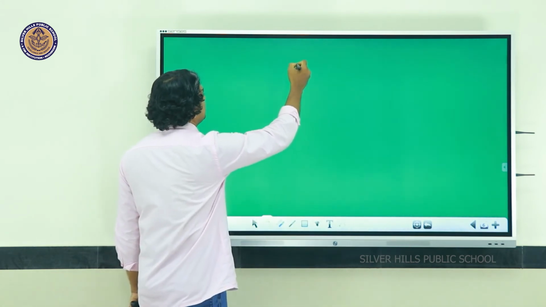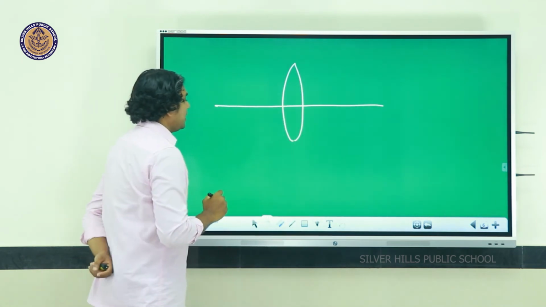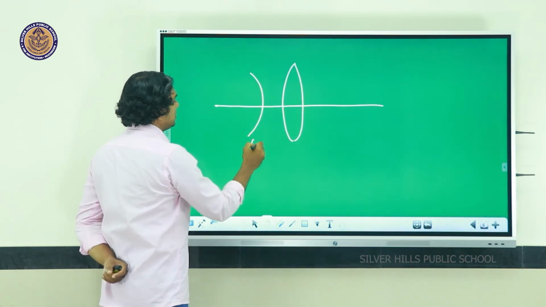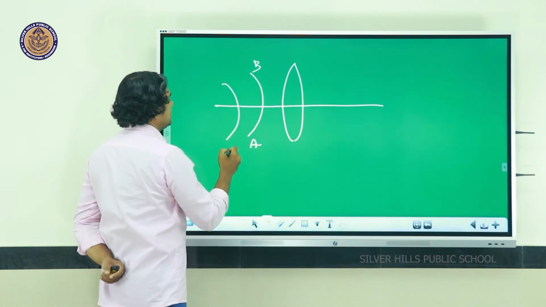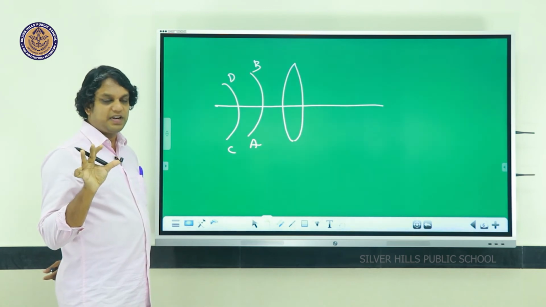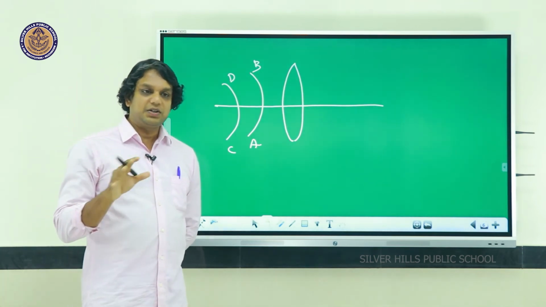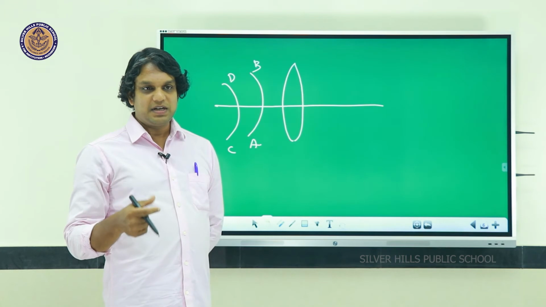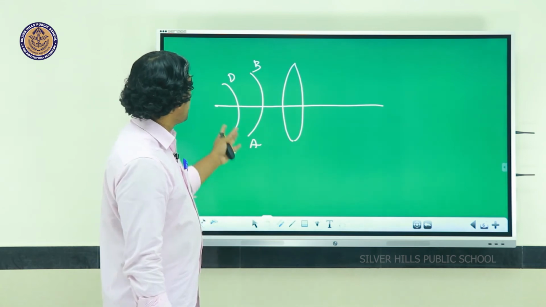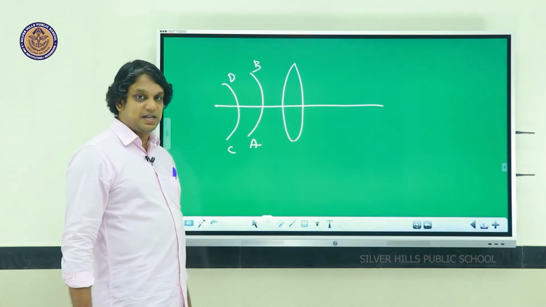circular wavefronts, suppose we have a convex lens and circular wavefronts are approaching, suppose AB and CD. Circular wavefronts mean that the point source of light will be very near to the lens. So, we know when the source of light is placed at f or between f and the optic center, then the light after refraction will be sent as parallel rays like that.